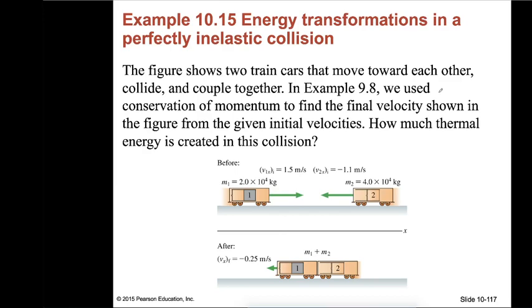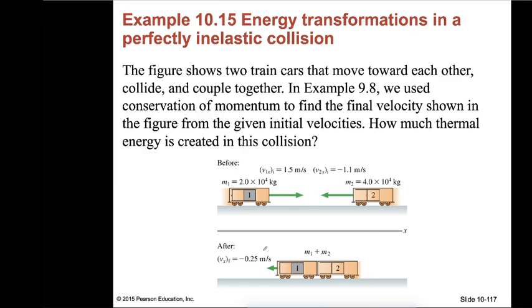How much thermal energy is created in this collision? So, if the initial velocity is 1.5 and negative 1.1 for the two cars, after they collide, they stick together and move at the same speed.